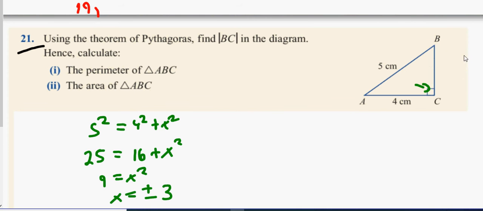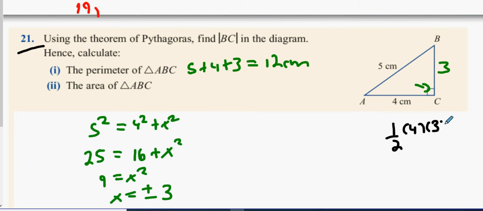Alright, what's the perimeter? 5 plus 4 plus 3 is equal to 12. How do you get the area of the triangle? Half base times height, which is 6.